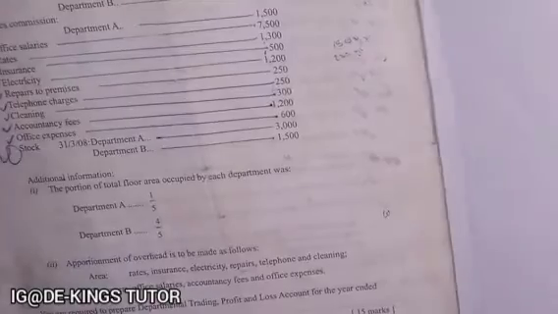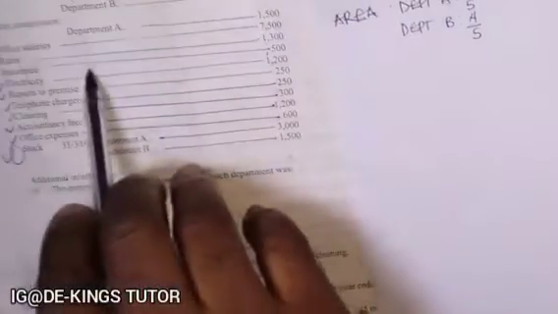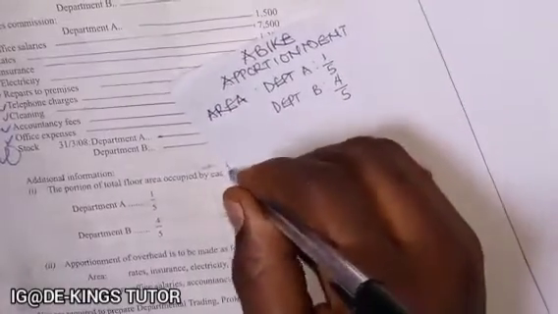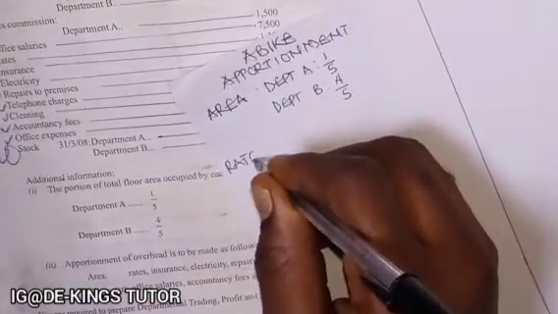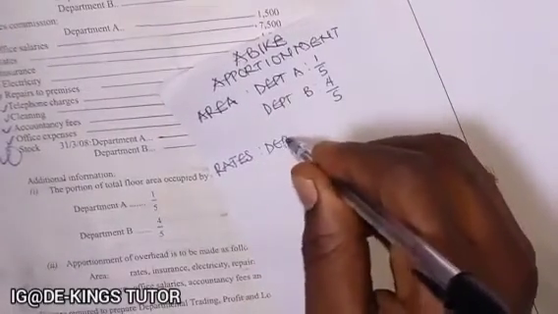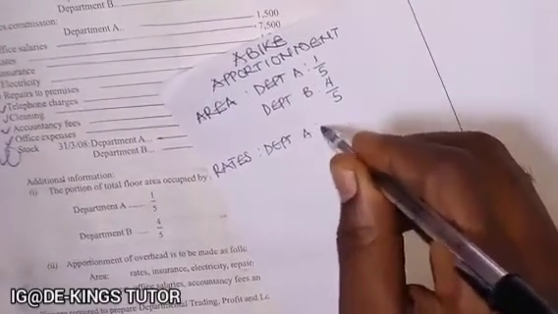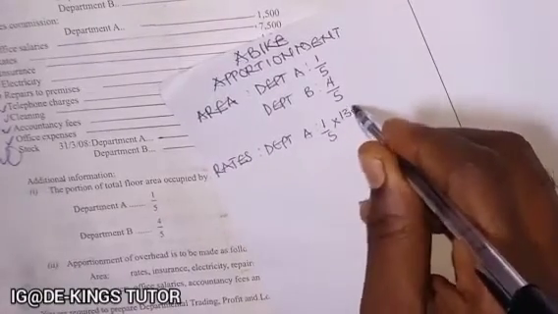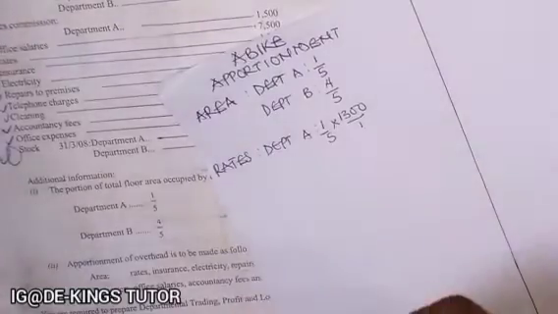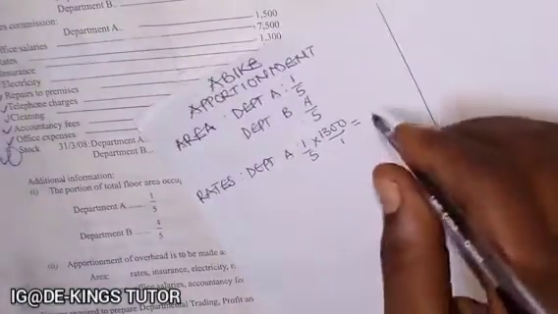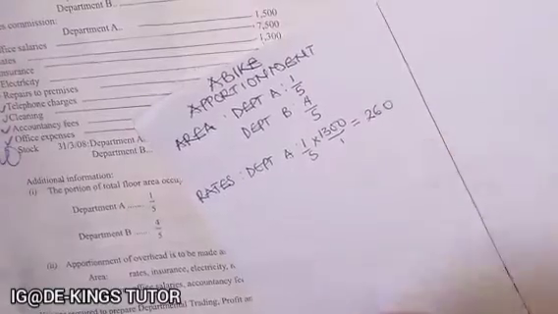Okay, so the first one is rates. So we're going to look for rates here. Rates is 1,300. So for department A now, it is 1/5 times 1,300 over 1, to give us 260 using our calculator.